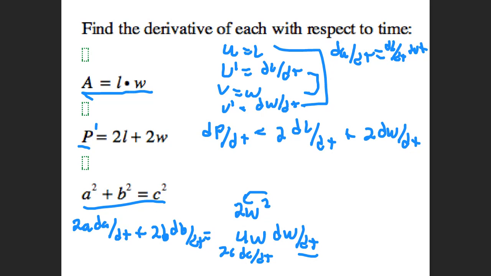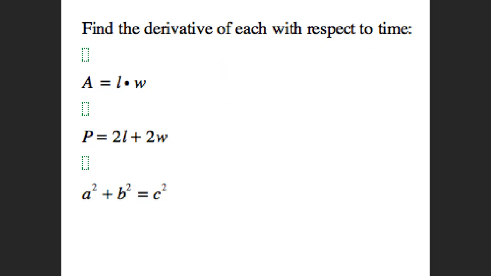All right. So I'm going to give you one, and I'm going to ask you to take the derivative of it. Let's just do a formula, because everything is going to be a formula tonight. Let's do volume.